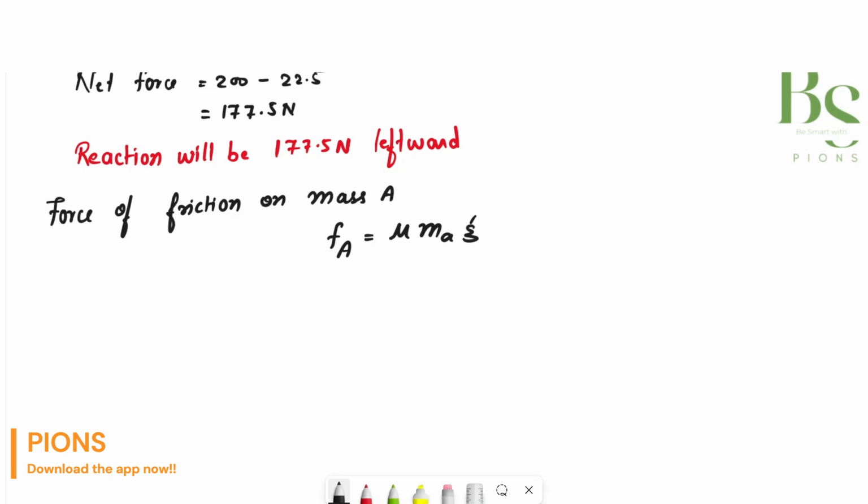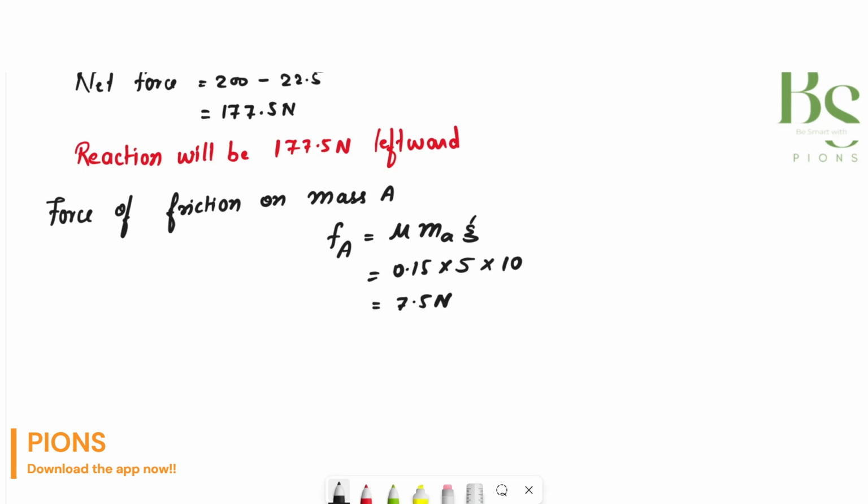Mu is 0.15, mass of the first block is 5 and acceleration due to gravity is 10. So 0.15 times 5 is 0.75, and 0.75 into 10 will be 7.5 Newton. And that is the frictional force on the left hand side.